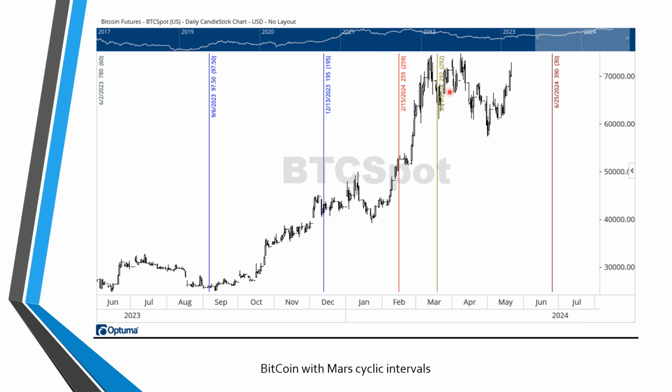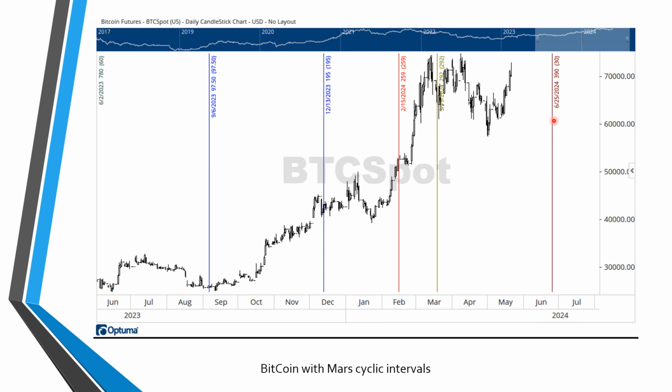But then it decided to bounce back again. And as it did, it actually made a V-bottom inflection point at the 292-day portion of that entire Mars synodic cycle.